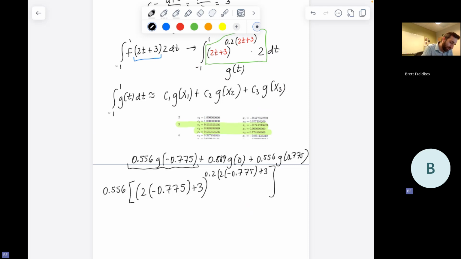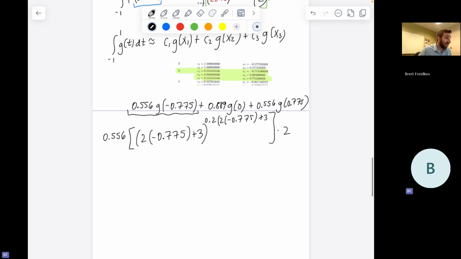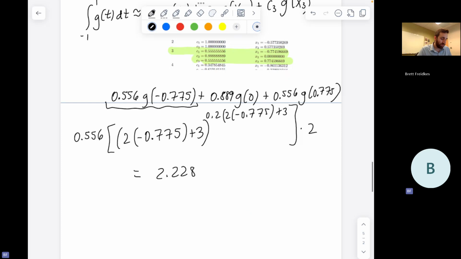And we can't forget this other 2 on the outside. That is from our m, our scaling factor, that will make sure that we account for any area we lost when squishing. Now we have increased the height. If you go through this math, you end up getting 2.228. And you would have to do that type of thing for each term, each rectangle. We just found the area of the first one.